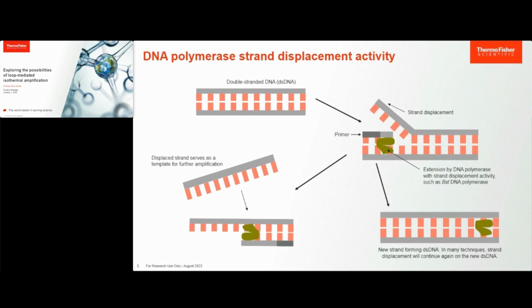Strand displacement will continue again on the new double-stranded DNA. As this new strand is synthesized, it displaces one of the original template strands. The displaced strand serves as a template for further amplification.